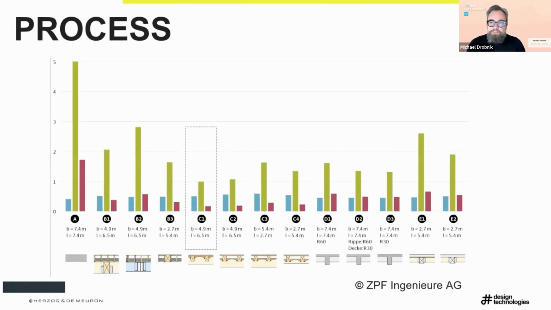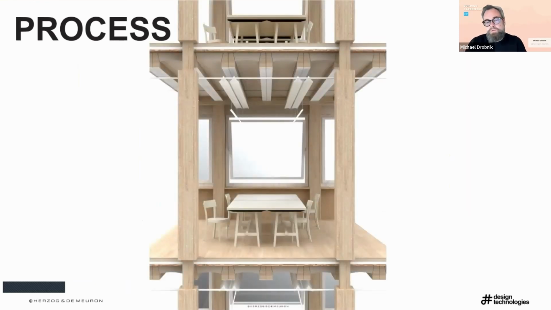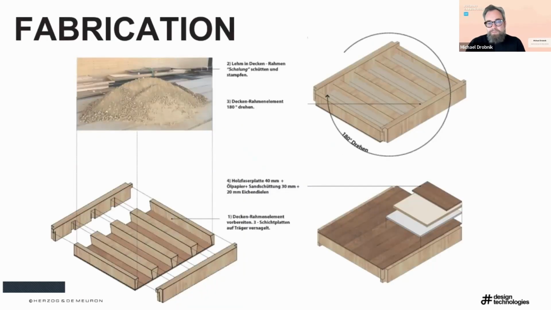So we have to be open and maybe change the way our design process is, and at the same time the tools we use, from a design technology point of view. We have to be creative and find new ways not only to calculate, but also to construct these things.